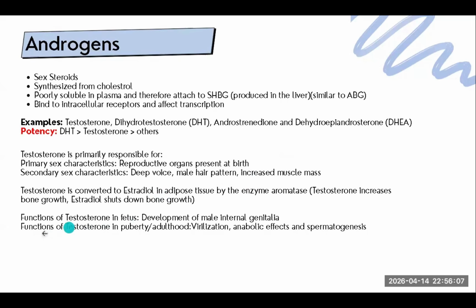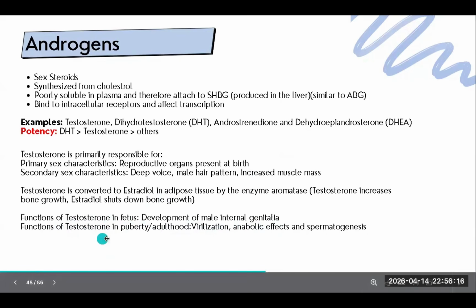And finally, some functions of testosterone in the fetus is that it's used for the development of male internal genitalia. Functions of testosterone in puberty and adulthood are virilization, anabolic effects such as increased muscle mass, and spermatogenesis.